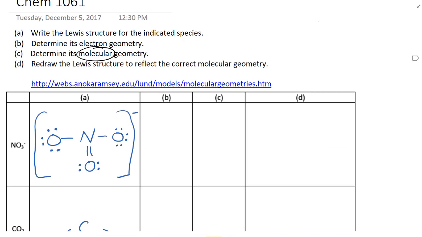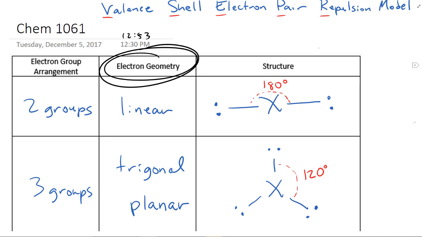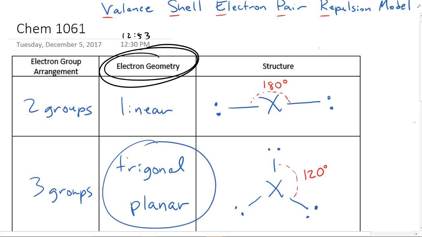So if we look at this one here, how many groups are there around the central atom? There's 3 groups. There's one bond here, and a double bond here. So that's 3 groups around the central atom. If there's 3 groups, then we would call that a trigonal planar arrangement. So that's how we determine it.